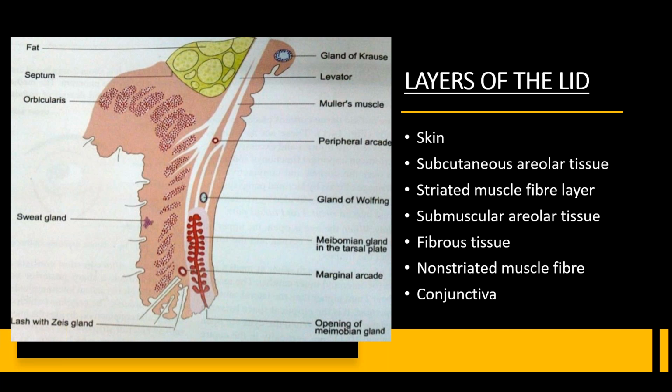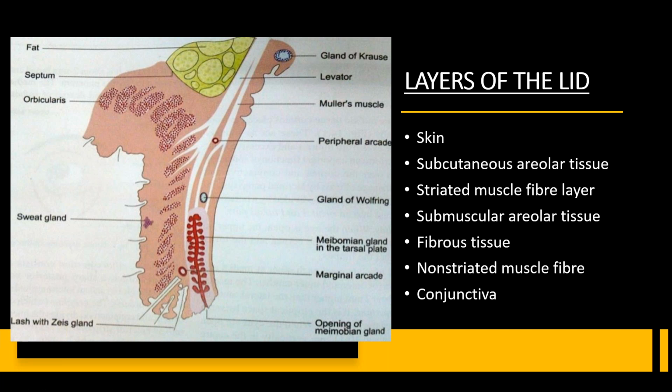Then the next layer is the striated muscle fiber layer, which comprises the orbicularis oculi, which is responsible for closing the eyelid, and the levator palpebrae superioris, which helps in elevating the eyelid, or opening of the eyelids. Then there is submuscular areolar tissue, and then fibrous tissue. This fibrous tissue is basically the skeleton of the eyelid, and it gives structural integrity.